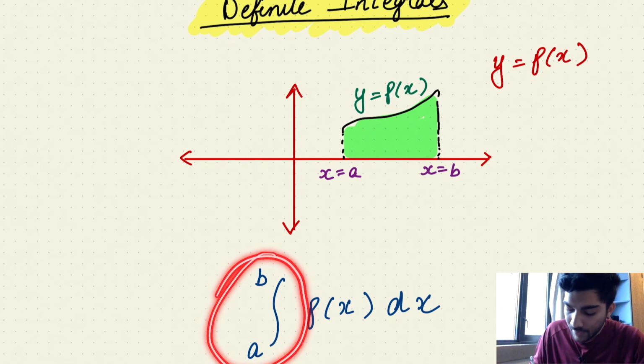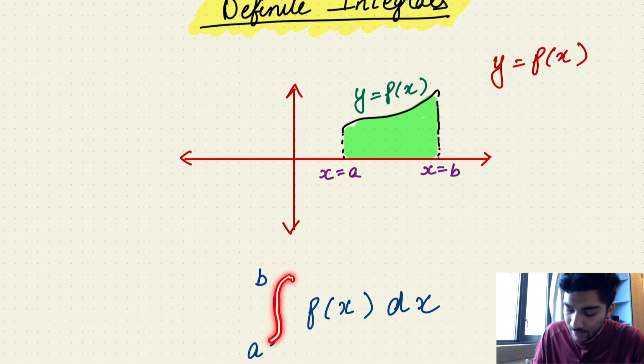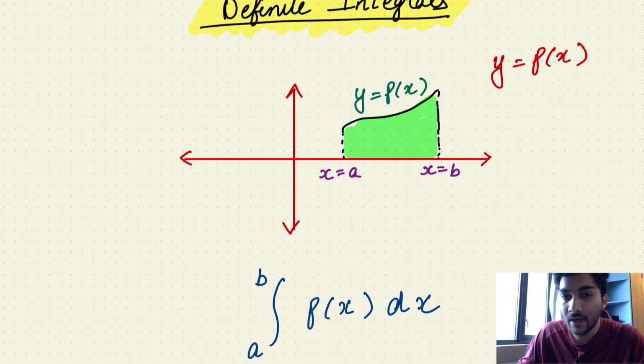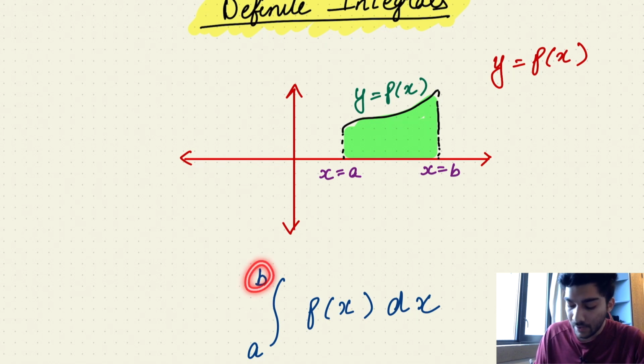On the left hand side of the expression, you see this integral sign. This is the representation of integration, or when you have to calculate the area under the curve. The values that you see on the lower and upper side of this integral sign are your endpoints. The value located on the lower side of the integral sign is your left endpoint, and the value located above the integral sign is your right endpoint.